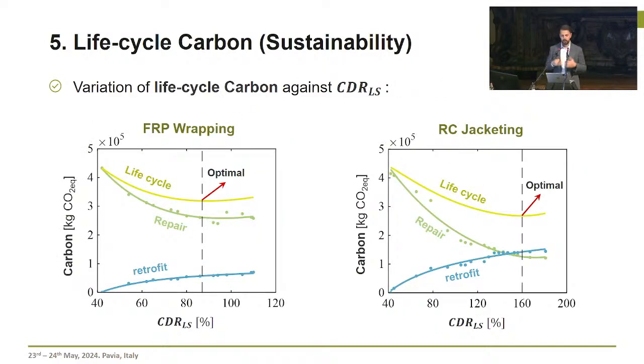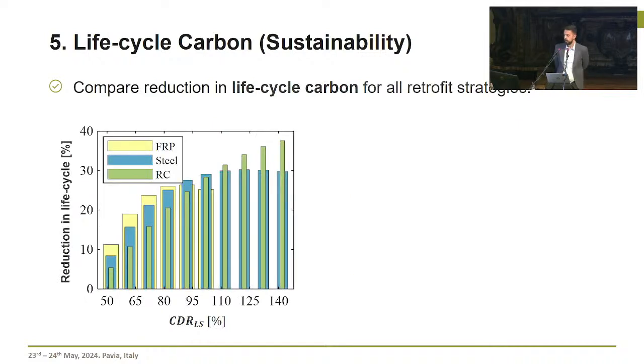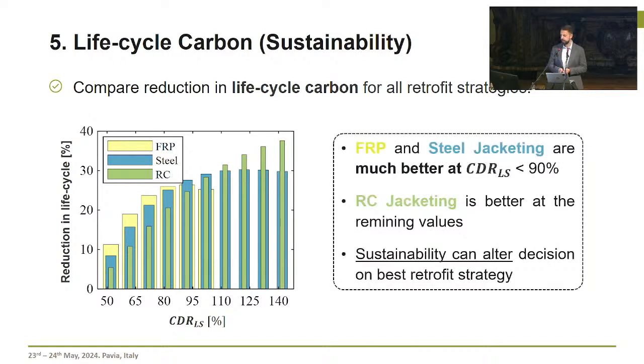And in these figures, again, we observe the variation of the life cycle carbon, and the trend is the same, and the optimal points are also the same. However, when we compare the three retrofitting strategies in terms of reducing the life cycle carbon, we could see that the FRP and steel jacketing are actually significantly better when I compare them to RC jacketing, but this is for capacity demand ratio less than 90%.